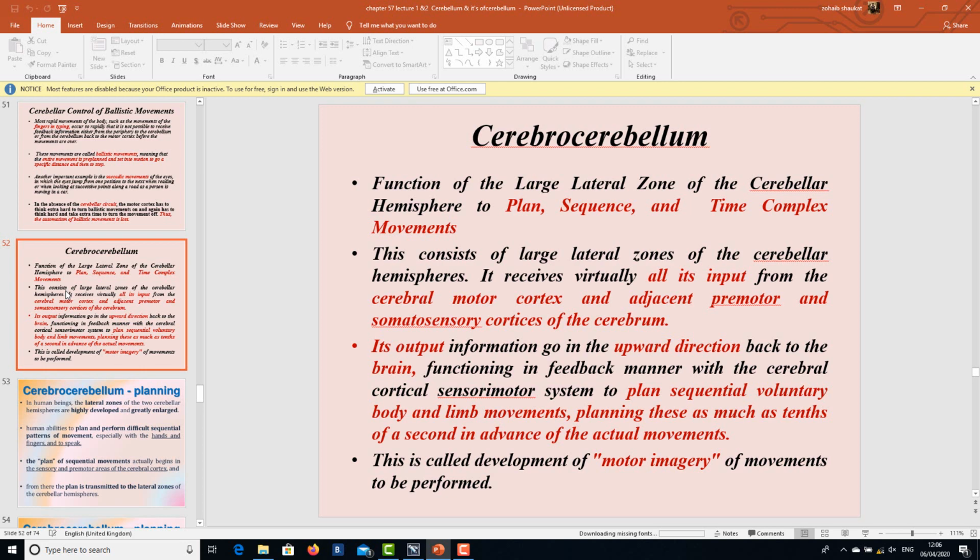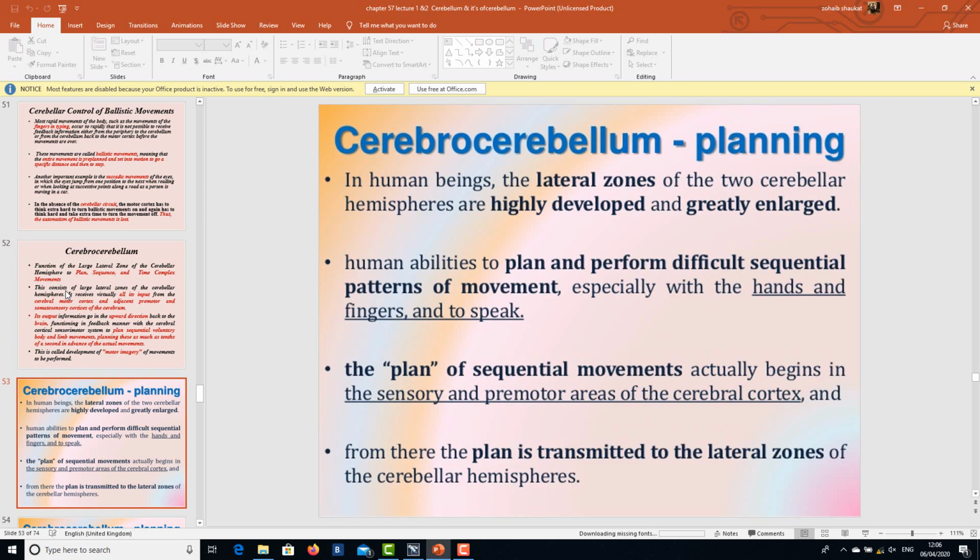So what is motor imagery? Motor imagery is one of the functions of the Cerebro Cerebellum, the function of planning.